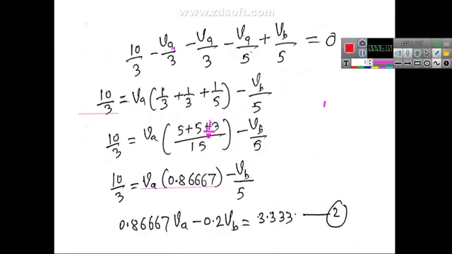Once you substitute the values of I1, I2 and I3, and expand and simplify, you will get 0.8667 VA minus 0.2 VB equal to 3.33. That you can call equation number 2. Similarly, you can write the nodal equation for node B.